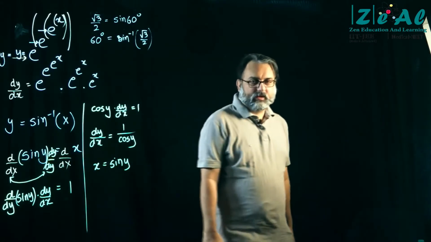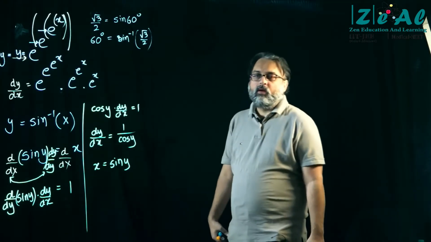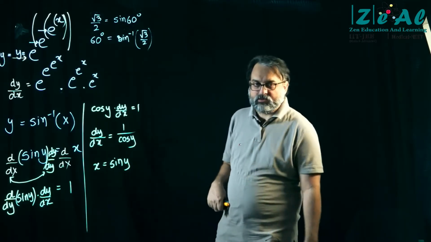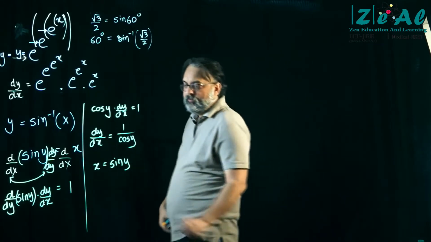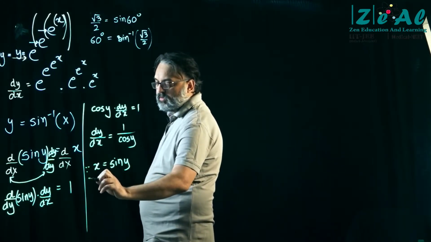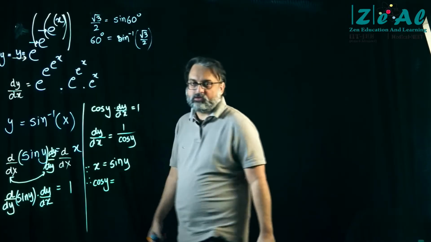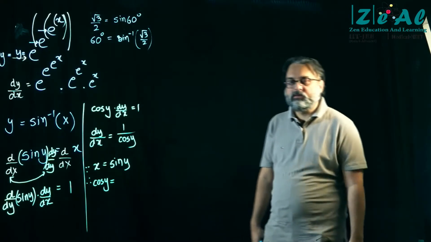We just saw x equal to sine y. I don't want the answer in terms of y. So x is equal to sine y. So since x equal to sin y, therefore cosine y will be equal to how much?